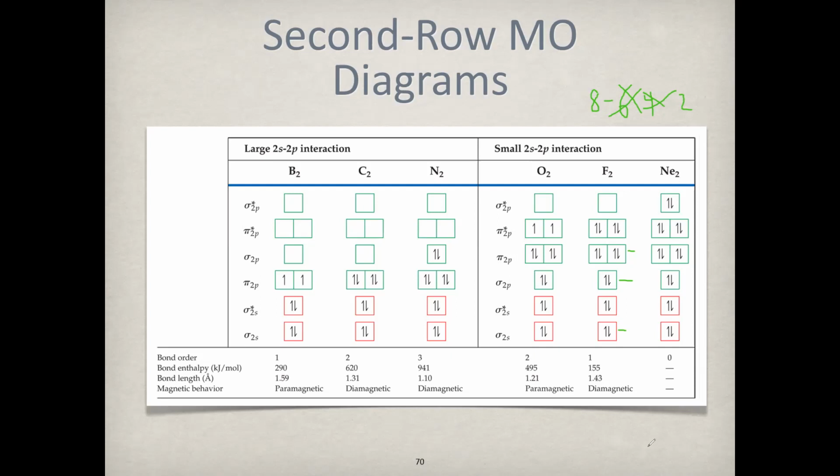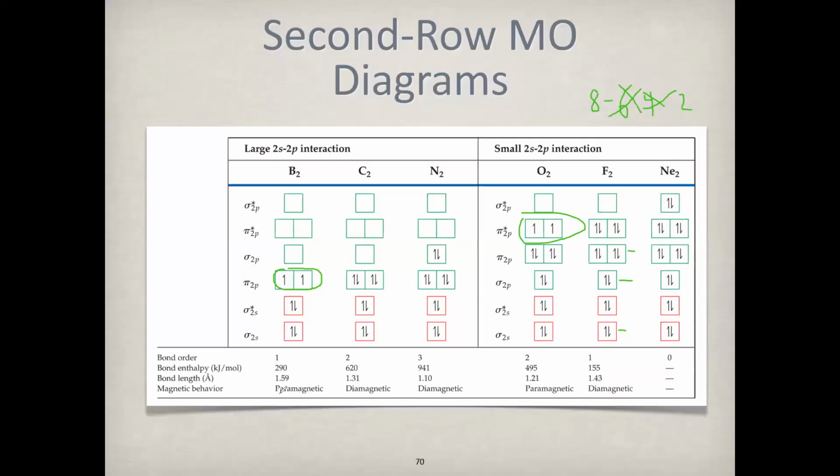But if you look at oxygen and boron, what you may notice is that in each case, we've got unpaired electrons. And that's going to be what ultimately determines if it's paramagnetic or not. If we do have those unpaired electrons, the unpaired electrons here and here are going to wind up making it paramagnetic.